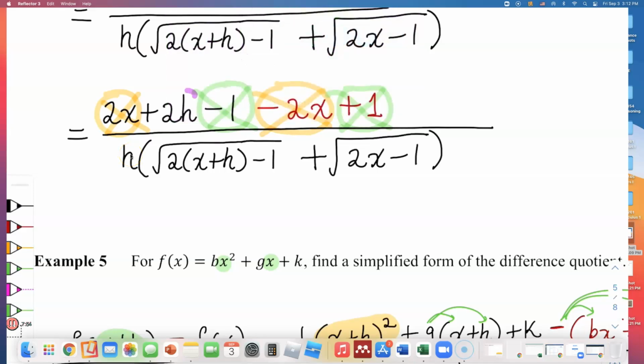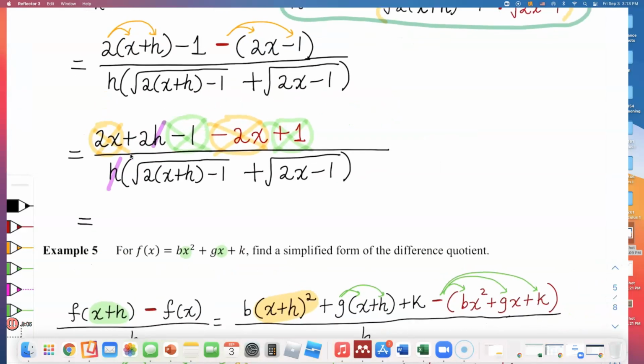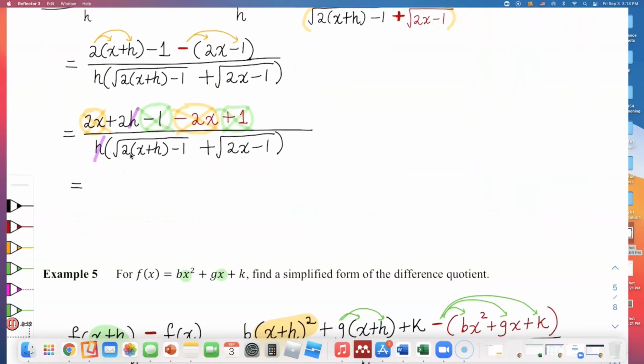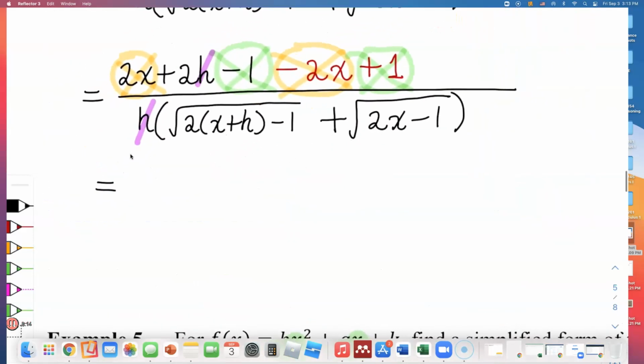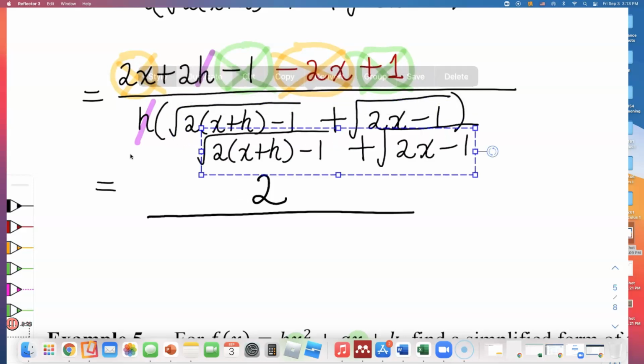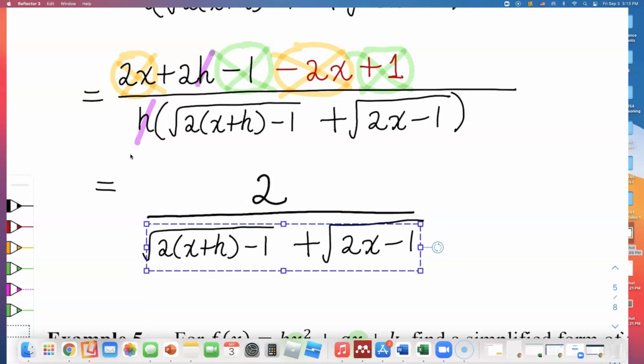So we can go ahead and cancel out this h with this h. So those are gone. I'll just cross these out. Leaving us with, I will make everything a little bit smaller to fit more work. That's perfect. The only thing left on top is 2. And the denominator is just going to be that part, because the h got canceled out.